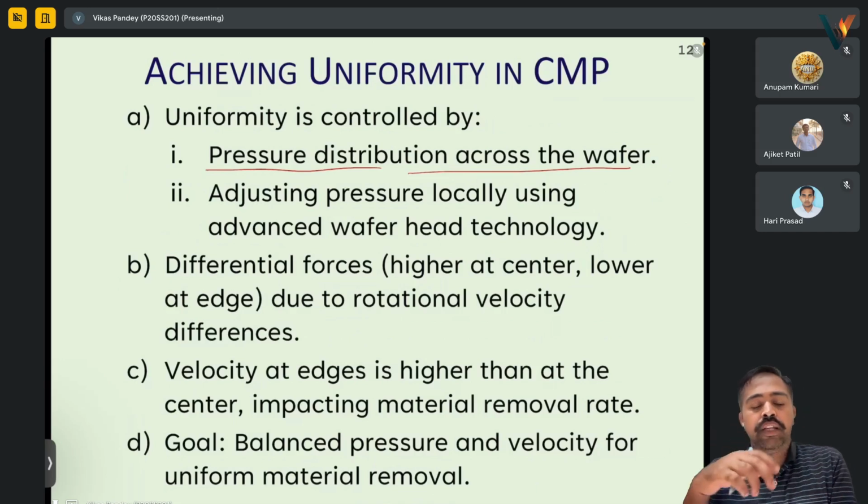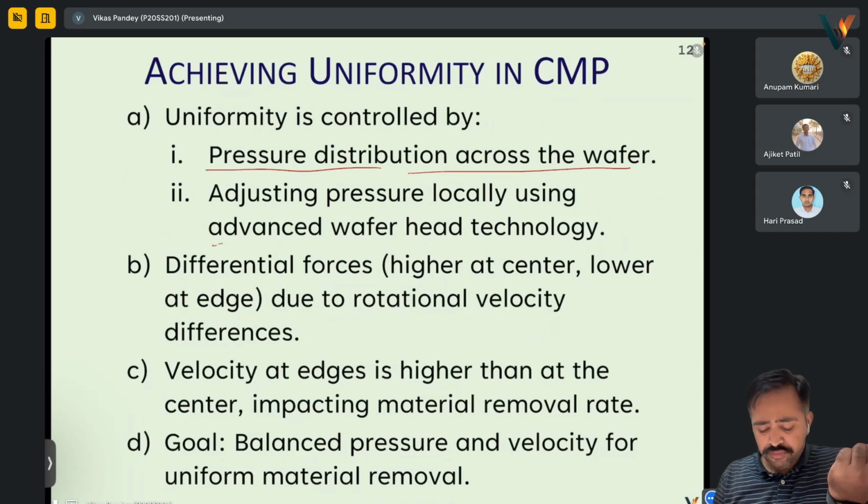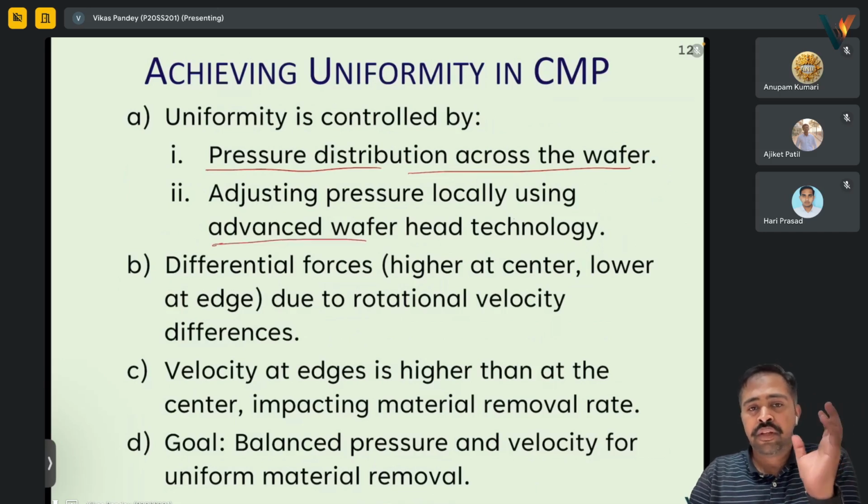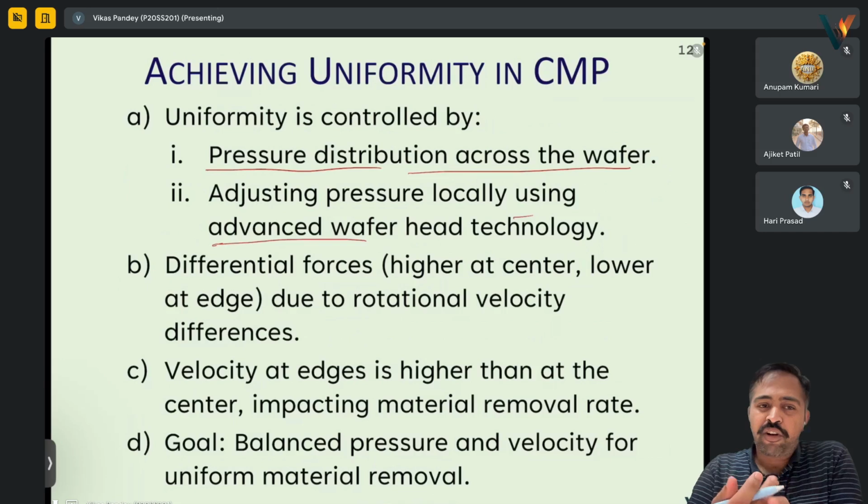More local means more control for a specific area, and better will be our output. So it has to be done using some advanced wafer head technology. That means more computation based; the more computation involved, the better will be our output.